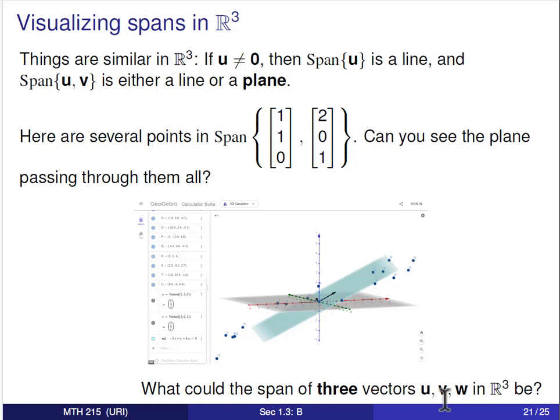And let's imagine now that you had some magic shoes that allow you to take steps into the air, steps vertically. So w is pointing straight up, and you can either travel upwards or downwards, taking steps in that direction. Hopefully you can see that if you had that capability of taking steps in each of those directions, you would be able to travel anywhere in R3. And so the span of three vectors in R3 can be R3 if the vectors are not pointed in the same direction as each other.